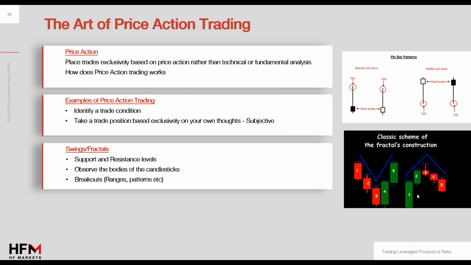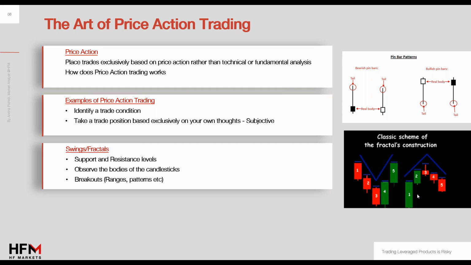Examples of price action trading are the swings, so highs and lows. Some breakouts of a ranging market, breakout of a support and resistance level. Consolidation is also an example of price action.